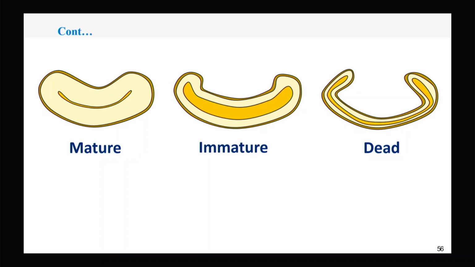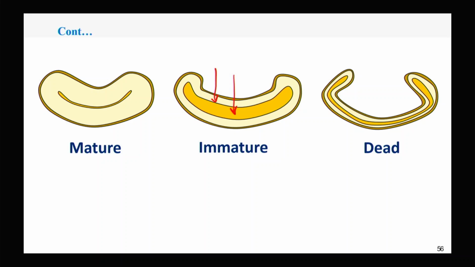Now if you see in this fiber, the area of the lumen, the central part, is larger because secondary wall formation was not proper. That's why it has become an immature fiber.